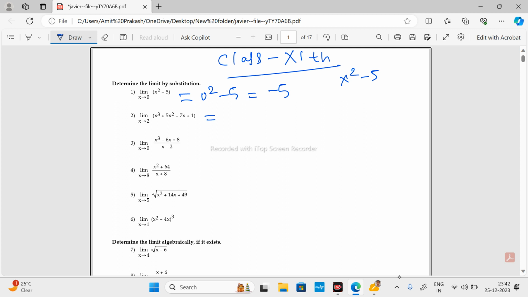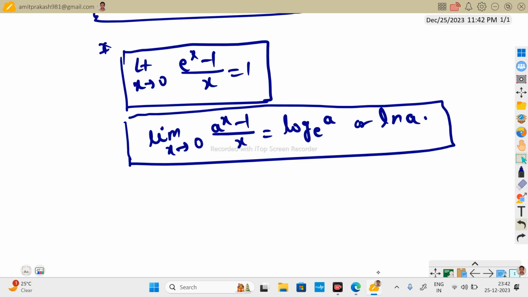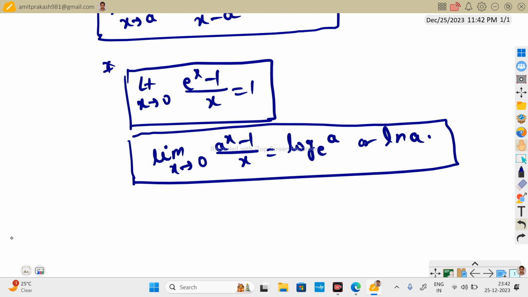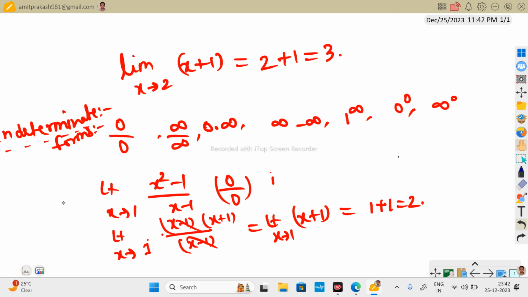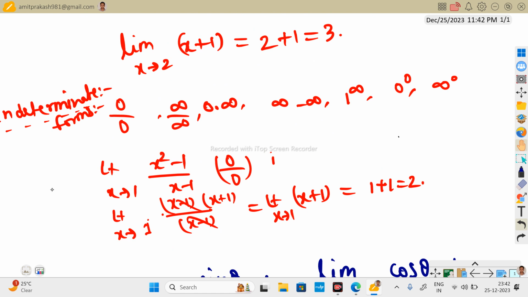Again, this is also a polynomial, at x equals 2 it is defined, and there is no indeterminate form. The indeterminate forms are 0 upon 0, infinity upon infinity, 0 into infinity, infinity minus infinity, 1 raised to power infinity, 0 raised to power 0, and infinity raised to power 0.